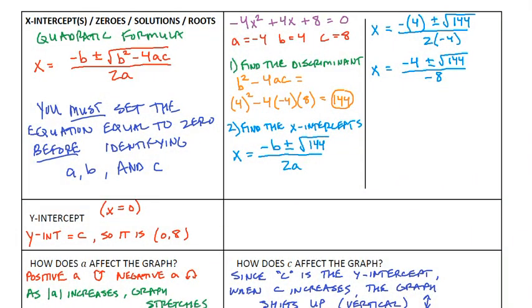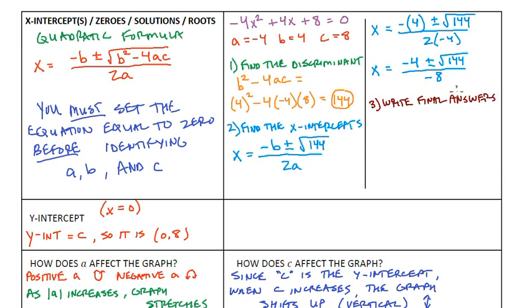So in our last step here, step number 3, all we're going to do is write the final answers, because there are going to be 2 possibilities here.